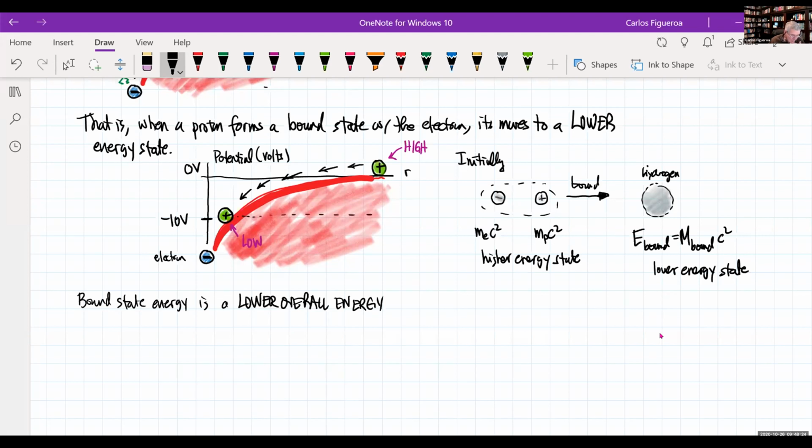That means then that the energy of the proton, which is m_p c squared, and the energy of the electron, which is m_e c squared, this is the higher energy state, and it now goes to what? It goes to the bound energy, and this bound energy is in the mass of the hydrogen atom.